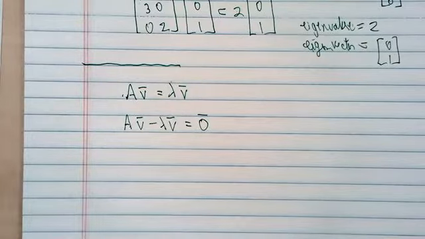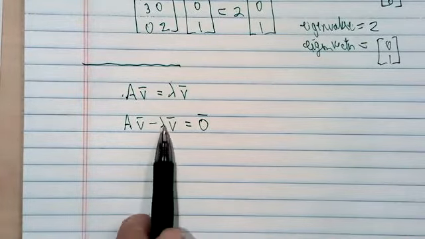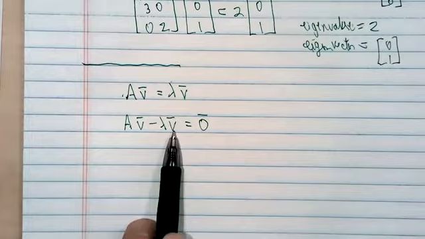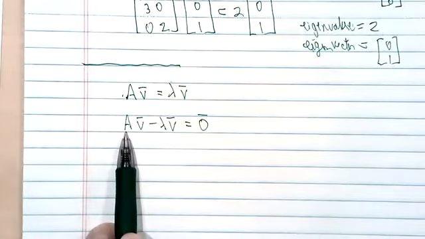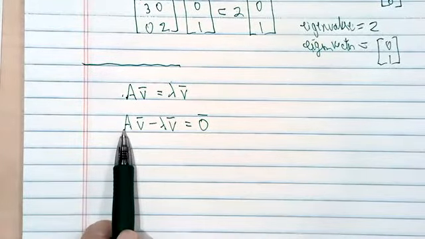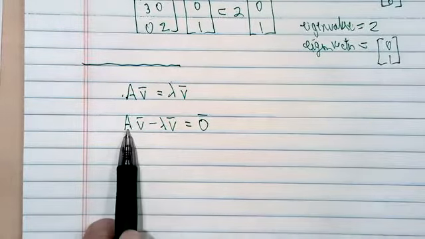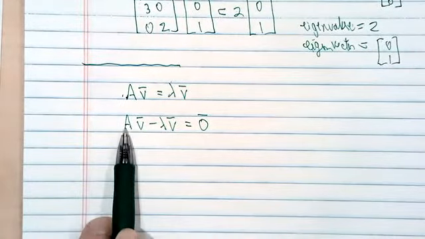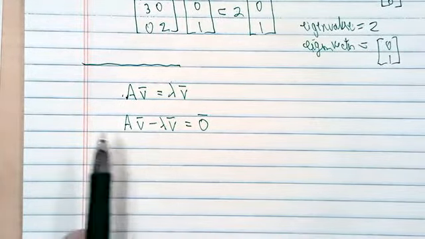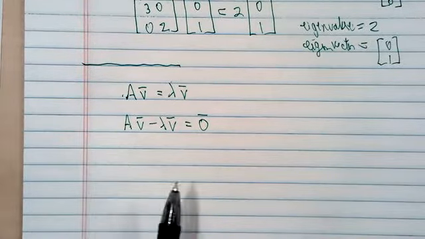But this isn't so helpful because this one has a scalar and a vector, and this one has a matrix and a vector. So you can't even factor the v off because that would leave you with A minus lambda, which makes no sense. A matrix minus a scalar, they don't match.